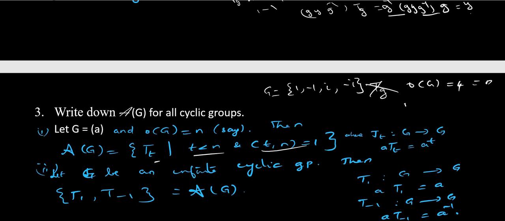The numbers which are less than 4 and relatively prime to 4 are 1 and 3. So that means T1 and T3 will be members of our script A of G.